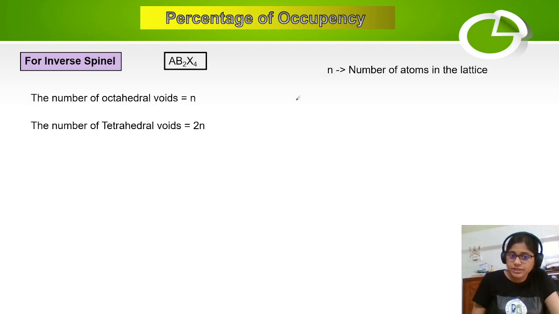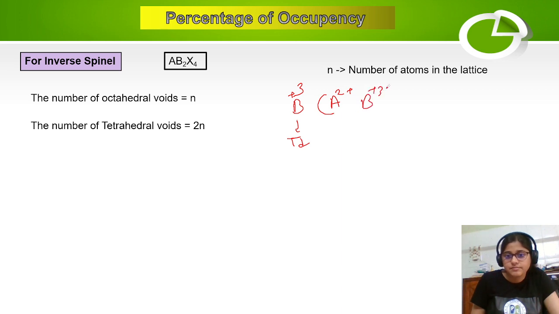For the case of inverse spinel, we know that half of the B3+ is in tetrahedral void, and A2+ and the other B3+ are in octahedral void and X4 is present. Okay, fine.